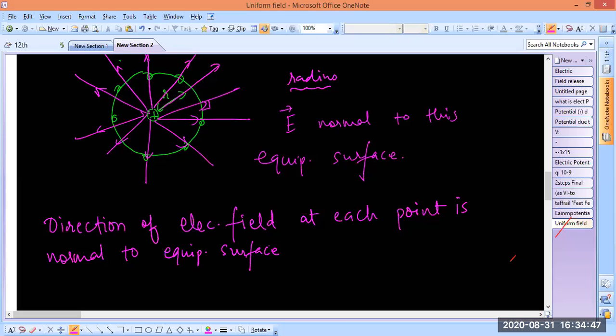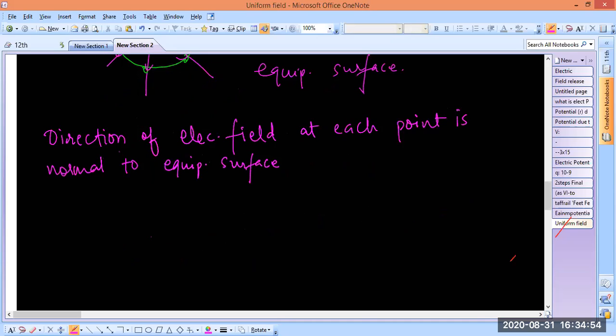This is an important sentence. It tells you about the direction of electric field. All right, so we have talked about direction. Let's go back to this formula and continue a bit more, and then we'll go to magnitude.